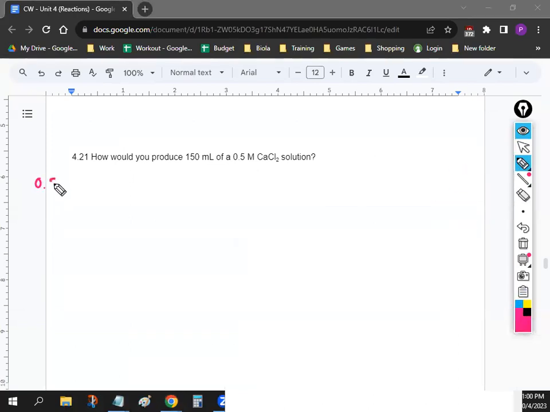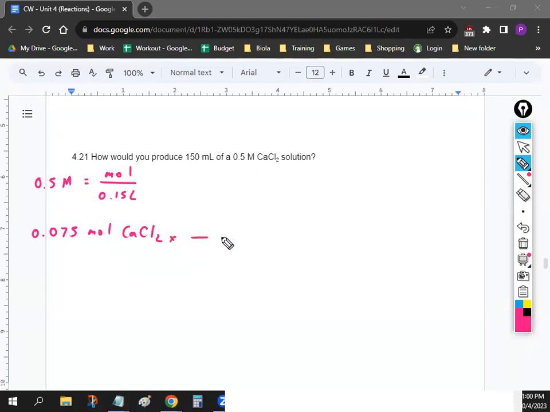So you'll have 0.5 molarity, and that's going to be equal to the moles divided by 0.15 liters. So far so good? Same thing. We're going to multiply both sides by 0.15, the denominator. And that's going to end up with 0.075 moles of calcium chloride. So far, so good?